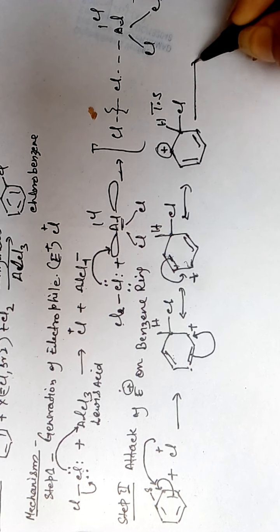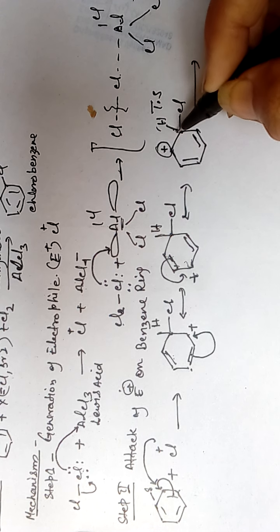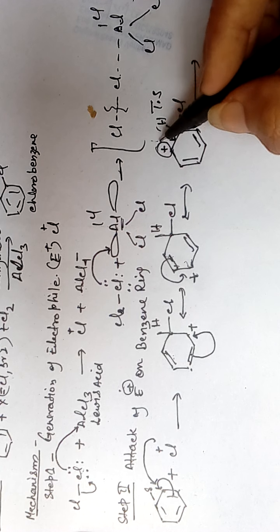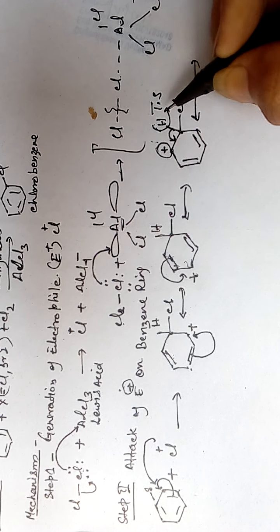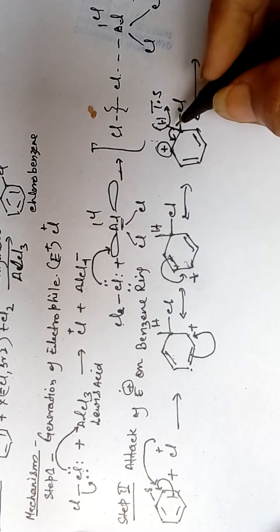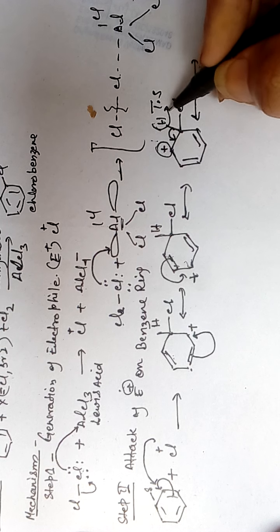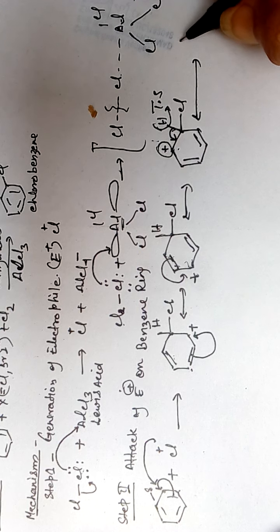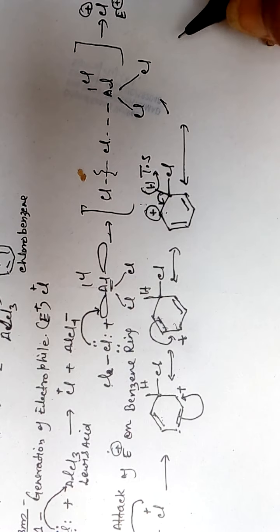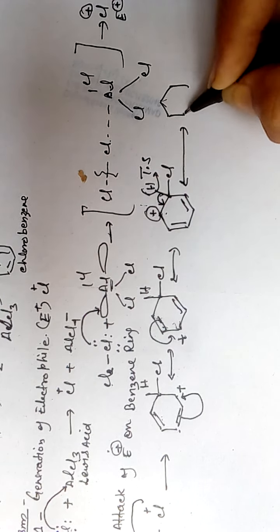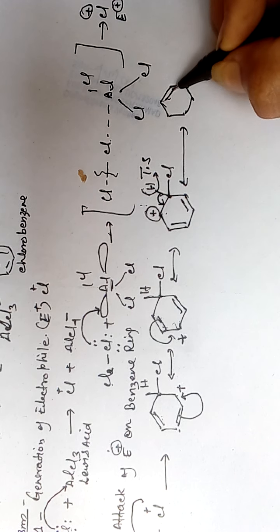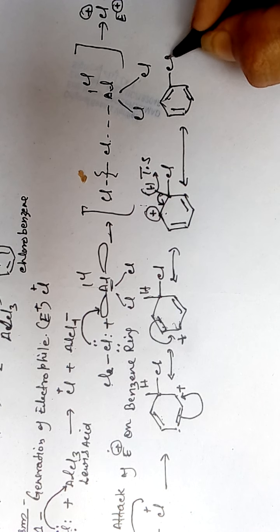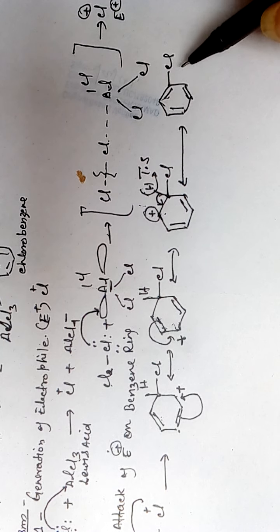To neutralize this positive charge, hydrogen is eliminated as a proton and it forms a double bond here, and this positive charge is neutralized. Now let's see what happened. A double bond forms here, and Cl is present. It is chlorobenzene.